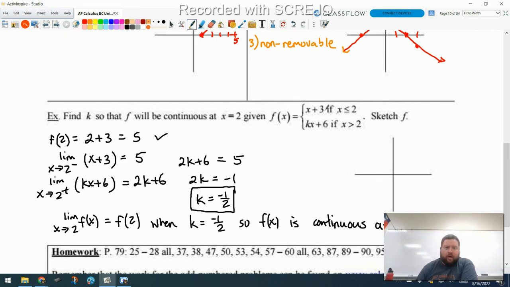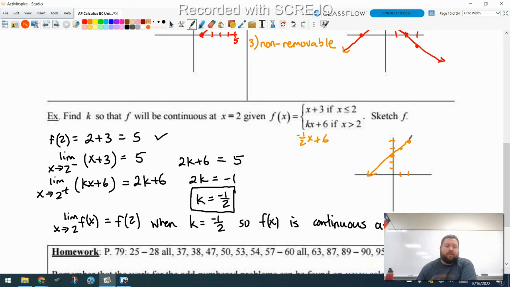On the left side, plug in 2, I get 5. Closed circle. Then I'm going to go down and left. There's my y-intercept, like that. Then for -1/2 x plus 6, plug in 2, I get -1 plus 6, which is 5.